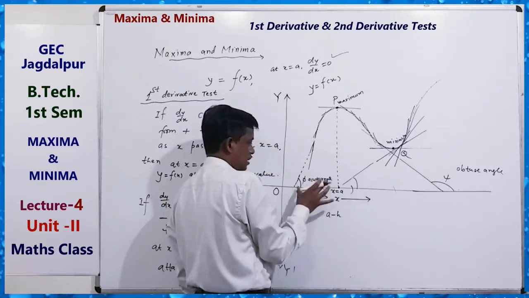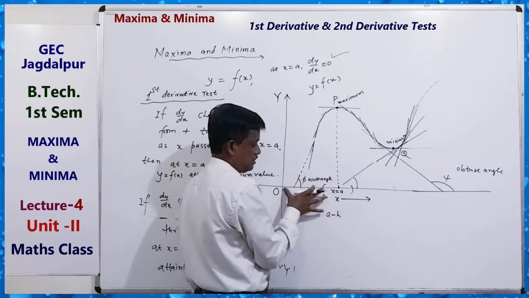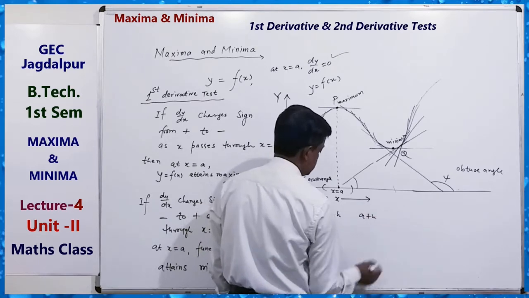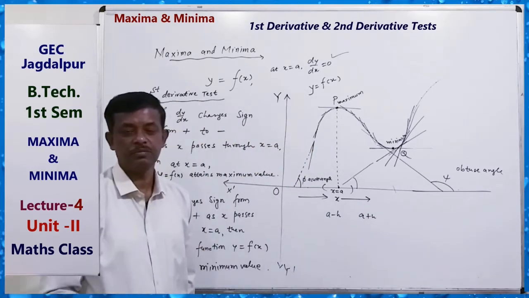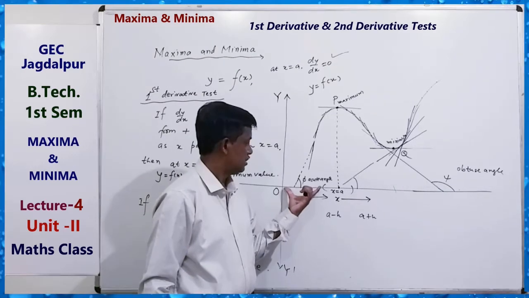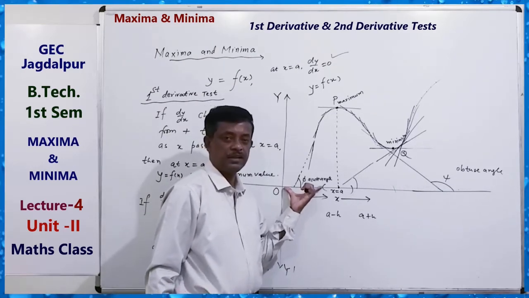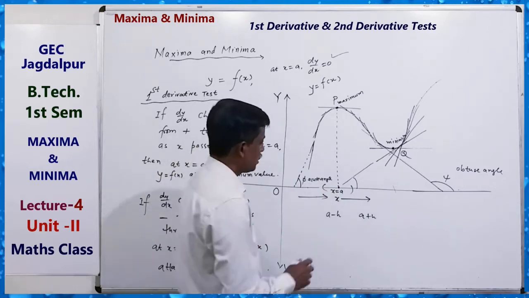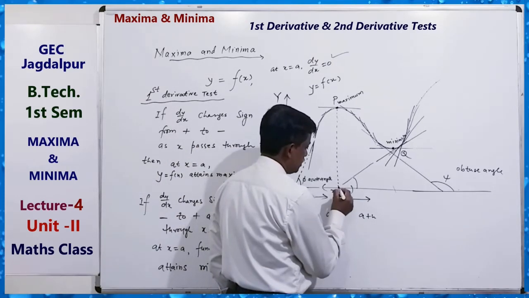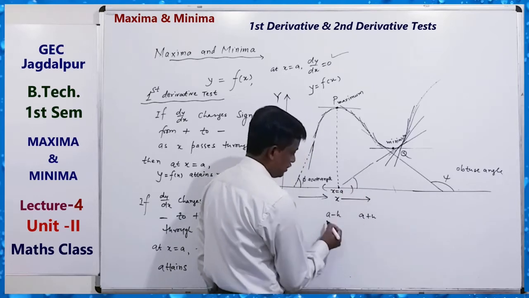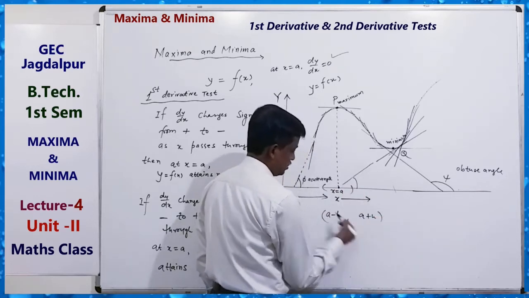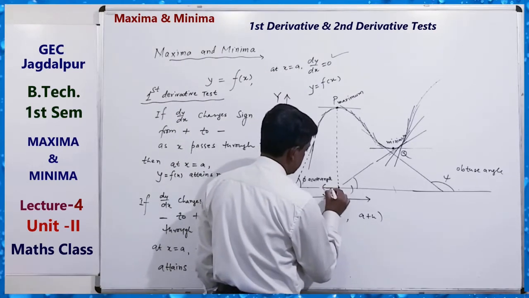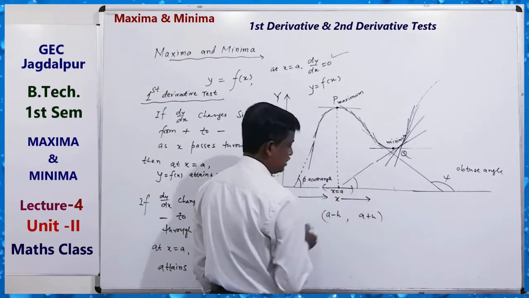This is a, this is h, and this distance is also h. So we can make an interval of 2h distance.